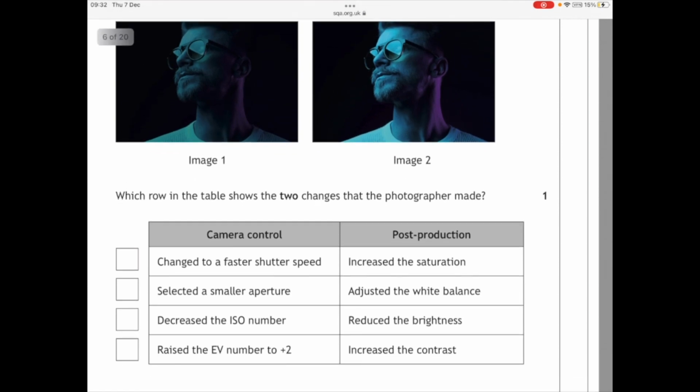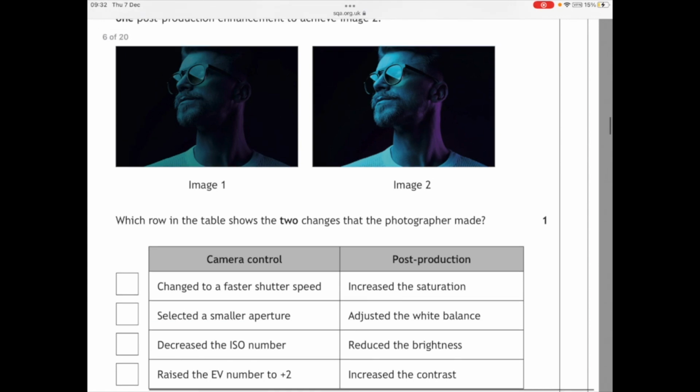You've got select a smaller aperture. Again, if you took image 1 and then you made the aperture smaller, image 2 would be darker, because less light's hitting the sensor. Adjusted the white balance, nope. So the white balance has not been changed.